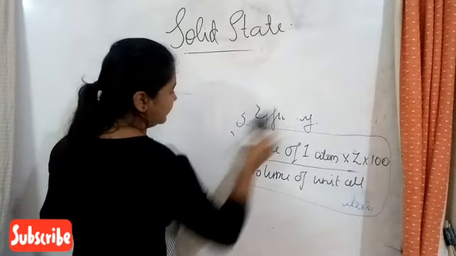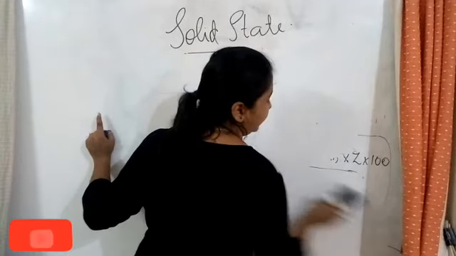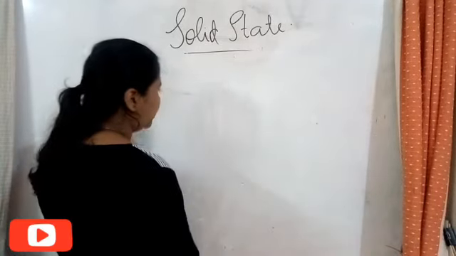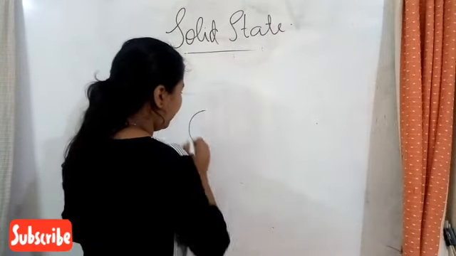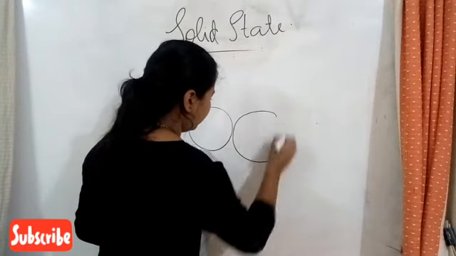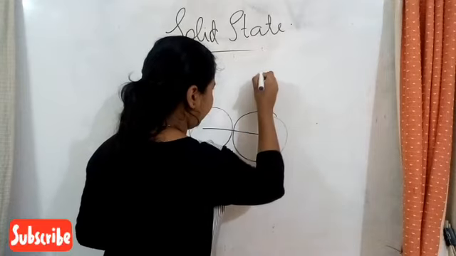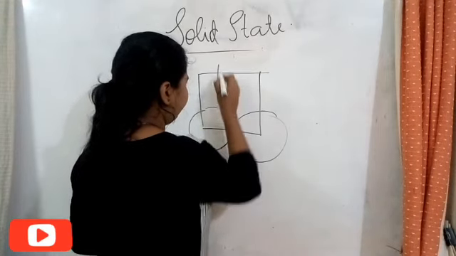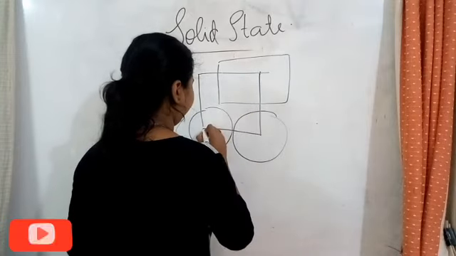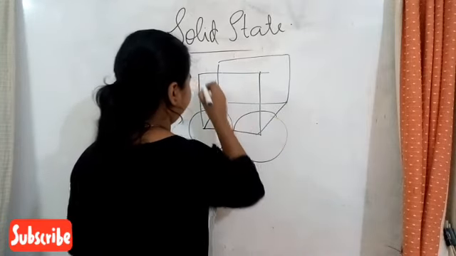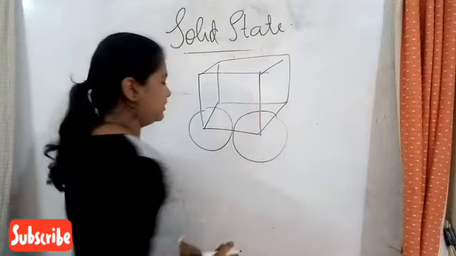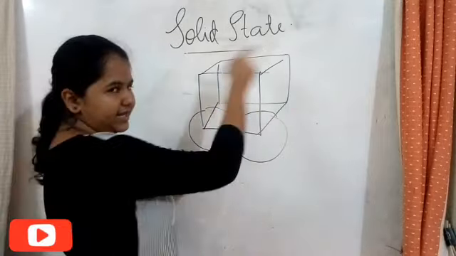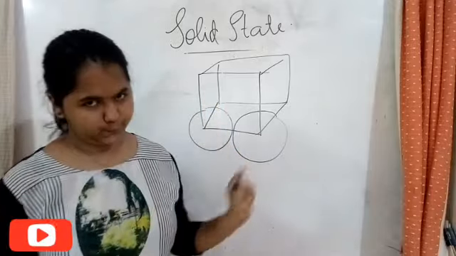So let's write. First one is our simple cubic. We'll start with simple cubic and then we'll continue. So for simple cubic, I'm drawing 2 atoms. We know that this is a simple cubic. Here also there are atoms, I am just representing only these 2.